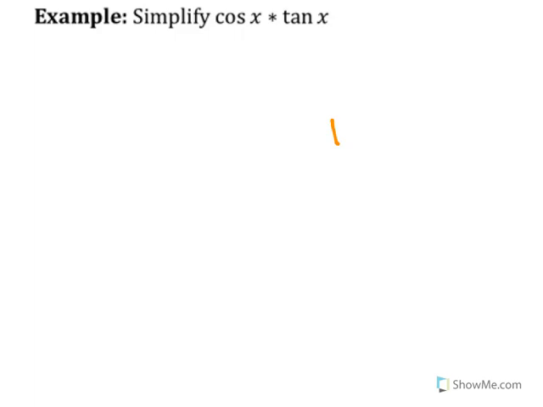So I'm going to start out with cosine of x times tangent of x. Now a big question I always get is, does it matter if it's cosine of x or cosine of theta? The x, the theta, the angle doesn't matter here. So whatever you prefer, if you like theta and you want to work with that, it's perfectly fine.